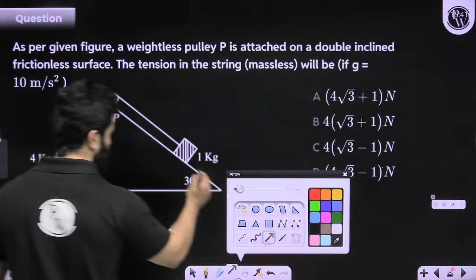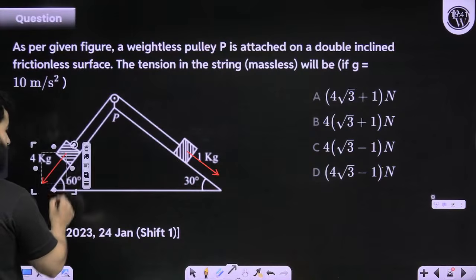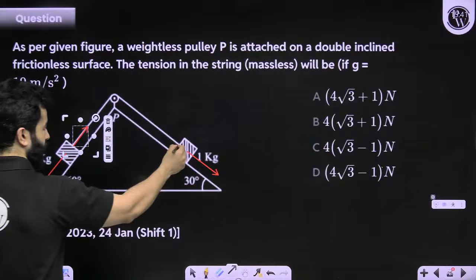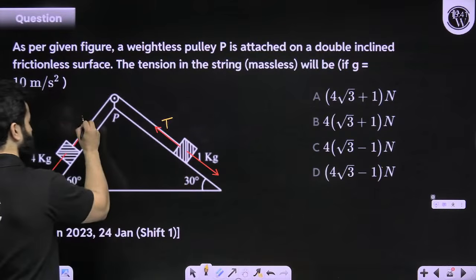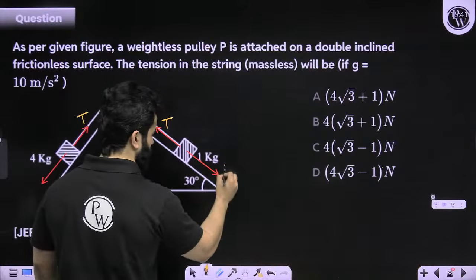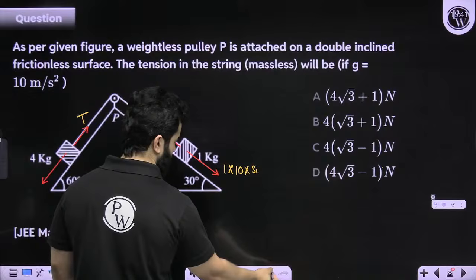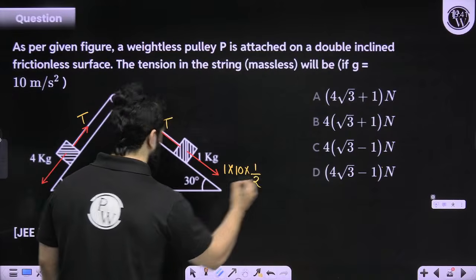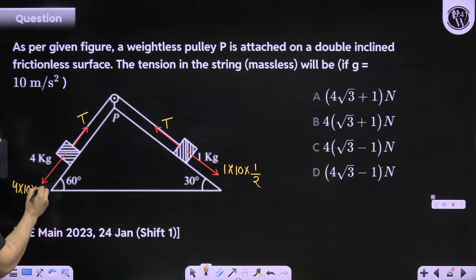So let's draw the forces over here. You have got force acting in this direction, force acting in this direction. You have got tension, but I don't have any problem with that, right? If this is T, then this is T. This is mg sine 30. Sine 30 is 1 by 2. This is mg, g is 10 into sine 60.